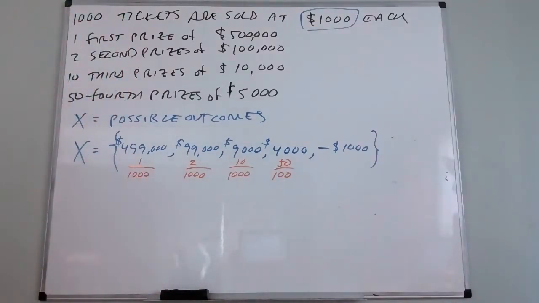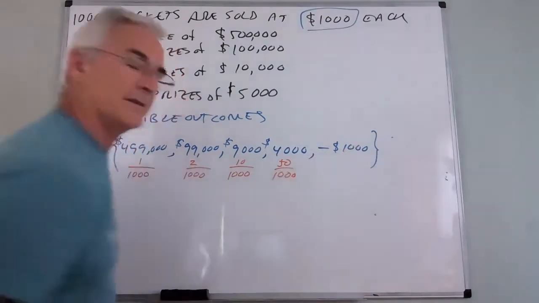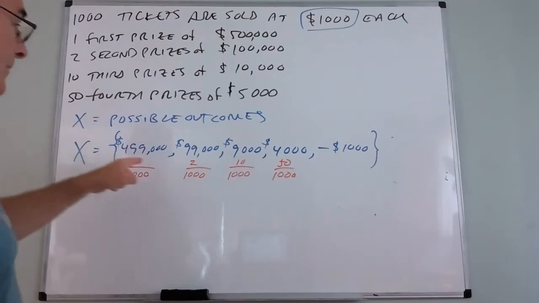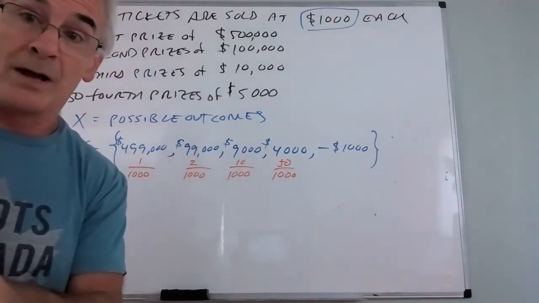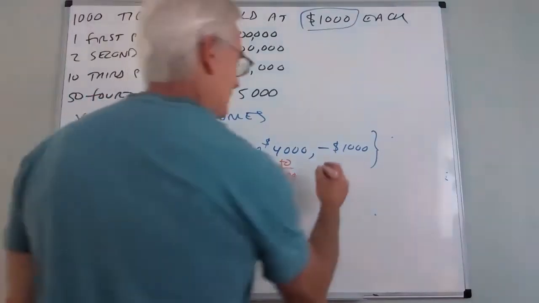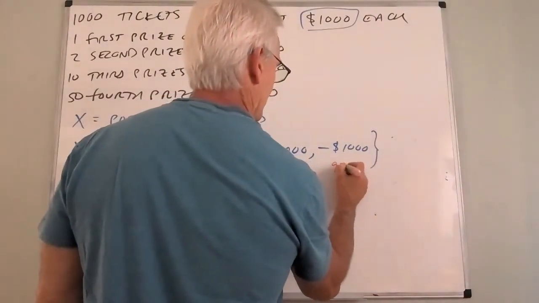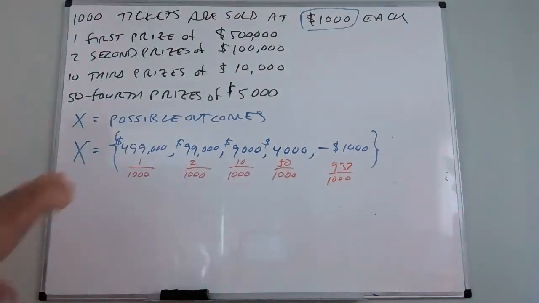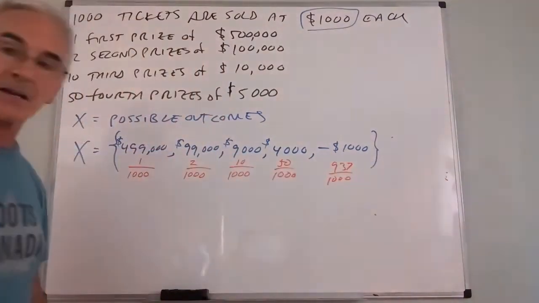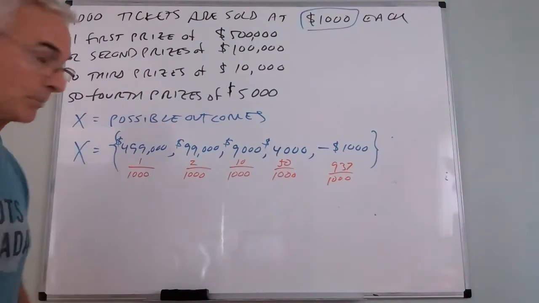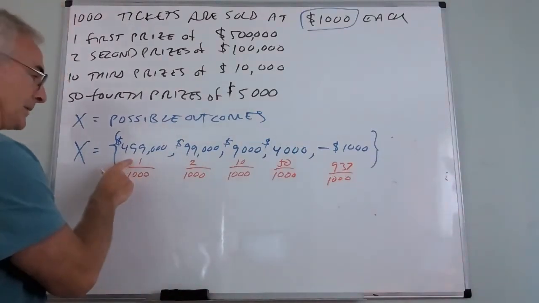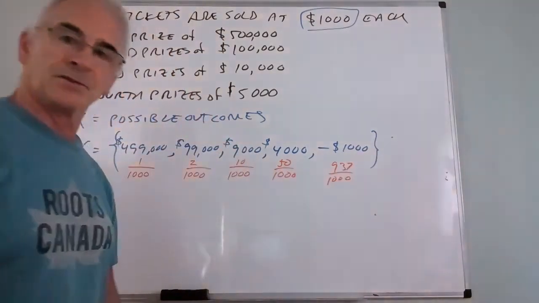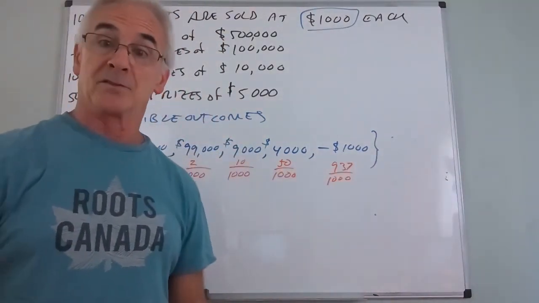It'd be 1,000 minus 63, since we've given out 63 prizes. So that would be 937. First of all, these probabilities have to add up to 1. If they don't add up to 1, we got a problem. So 1 out of 1,000 people are going to win this, 2 out of 1,000, and so on. 937 out of 1,000 are going to lose $1,000.